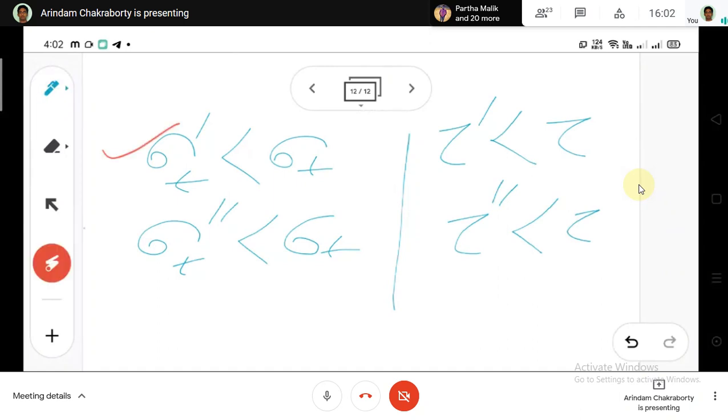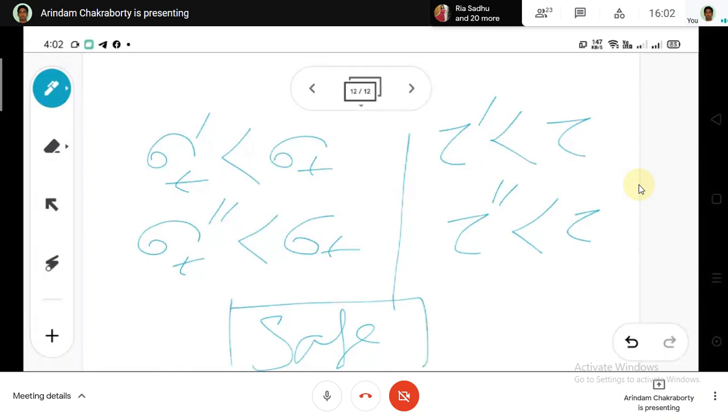If these four criteria are maintained, then you can certify the design to be safe. Am I clear to you people? Yes or no? Yes, sir.